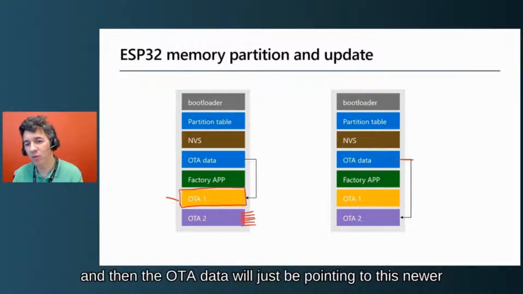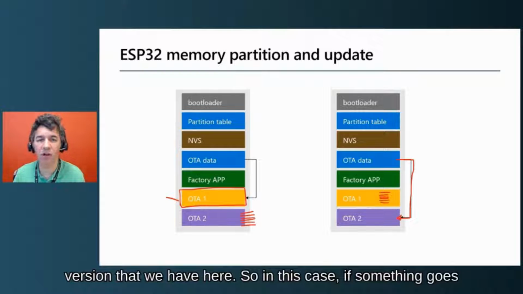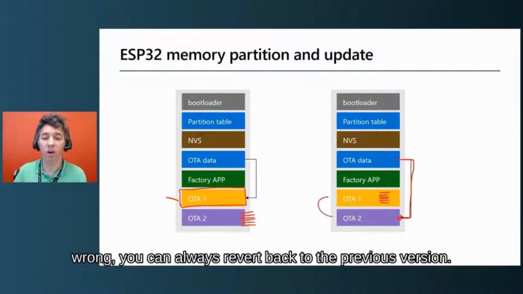The OTA data will just be pointing to this newer version, which means that we are not deleting the previous version. So if something goes wrong, you can always revert back to the previous version.